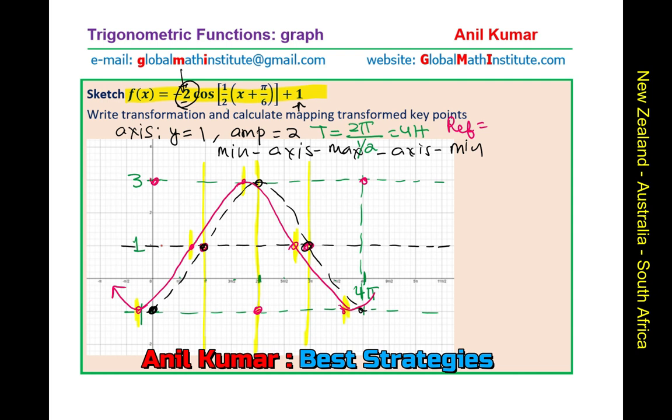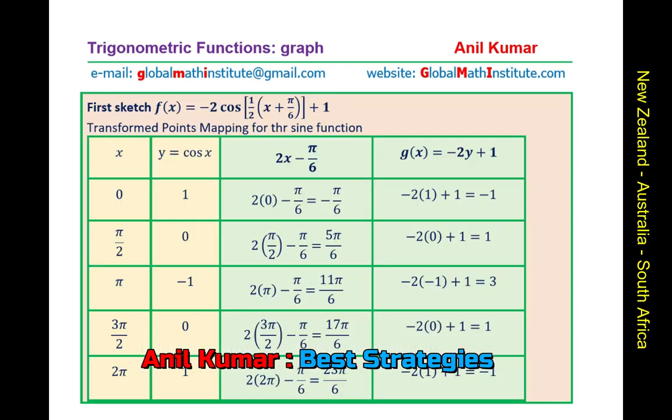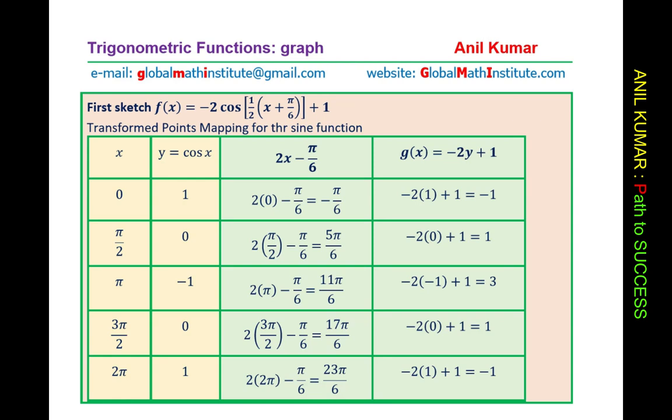Okay, great. To summarize what we did, the calculation of the points which are being calculated right there. So you will notice that the x, y points were mapped: the x values were multiplied by 2, right? And then subtracted pi by 6.